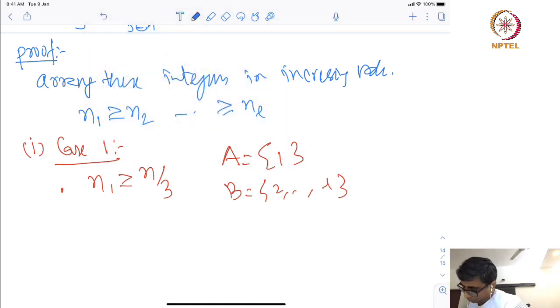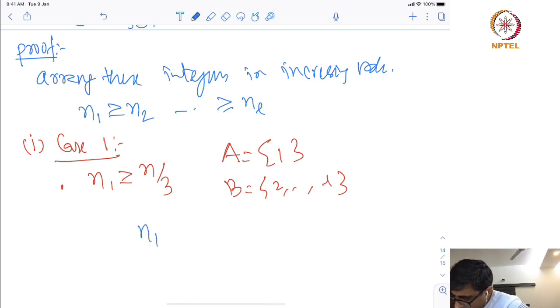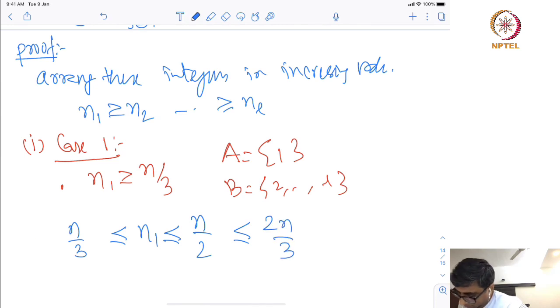Now, notice, what is the property in this case? The sum over A, which is n1, is at least n by 3 because of our assumption, and because every number is at most n by 2, it is at most n by 2, which is at most 2n by 3.